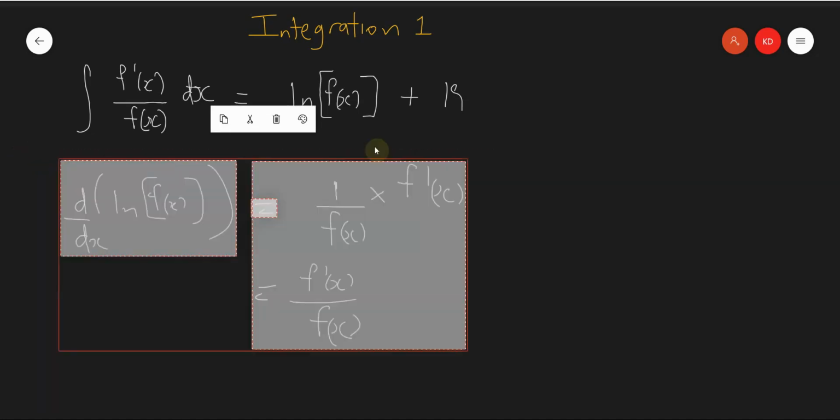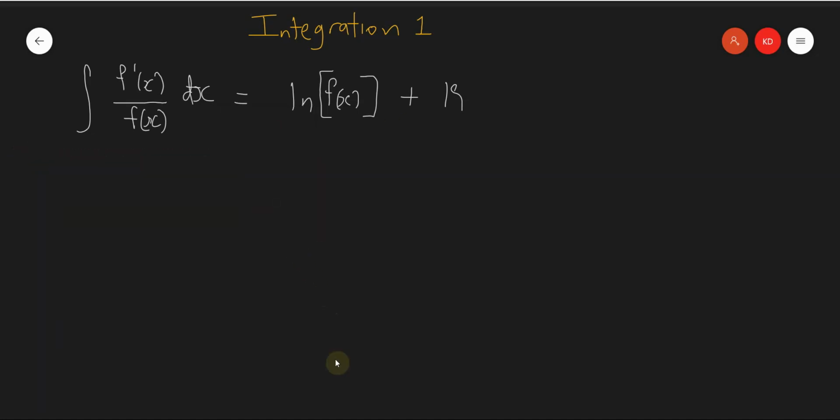Good, so I can put an example here. Let's say we have ... upon x squared plus x. Now our job in a case like this is to identify whether or not the numerator is the derivative of the denominator.